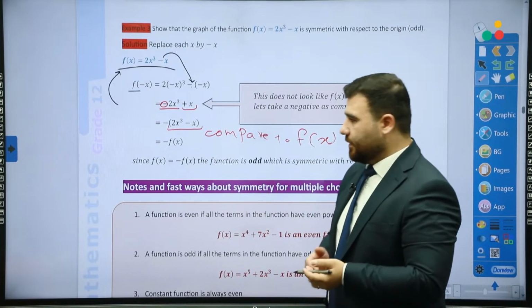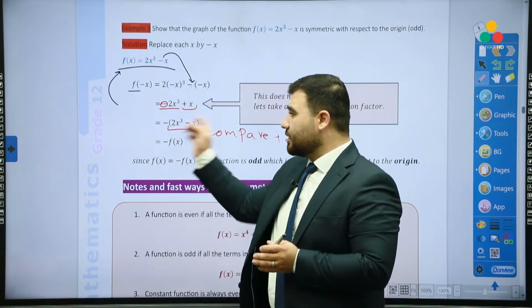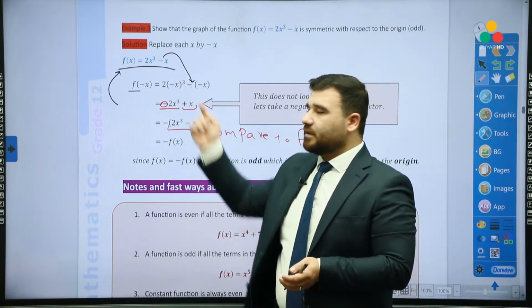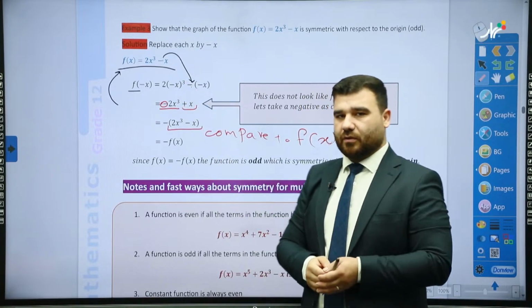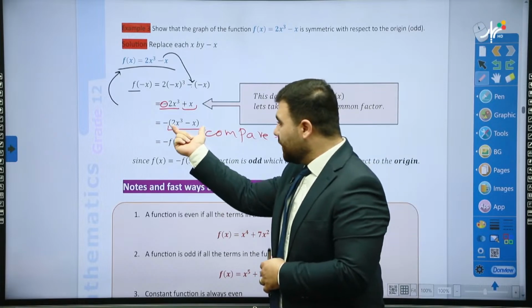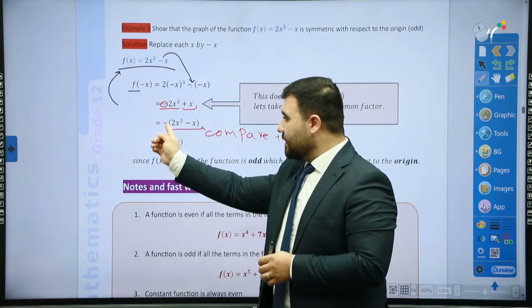If they look like each other, if they look alike, it means the function is odd after taking one negative as a common factor. If again they don't look alike with f(x), it means the function is neither even nor odd, not even and not odd at the same time. Then if we look at this, 2x cubed minus x, we are familiar with this. It's right here. A negative is extra.